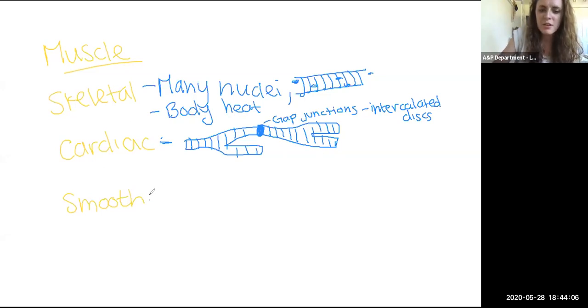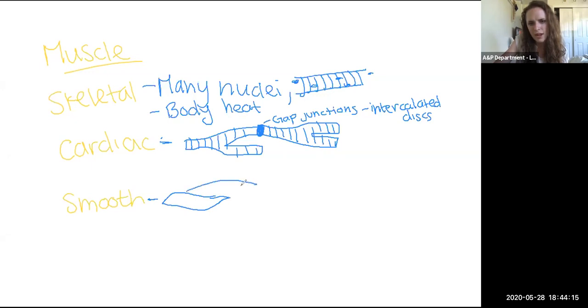Smooth muscle. Smooth is named after the fact that it does not have striations. And it is football shaped, so it looks kind of like this. Okay, so smooth muscle does not have striation, and they call it fusiform or football shaped is what I like to say. This is known as your visceral muscle.